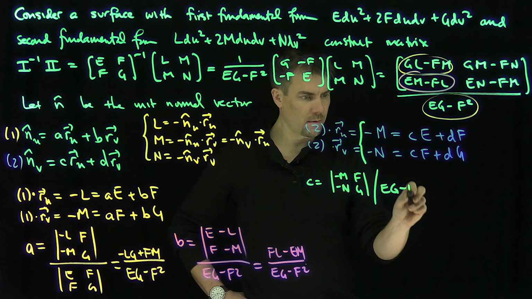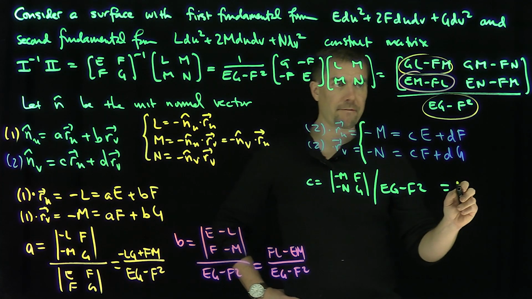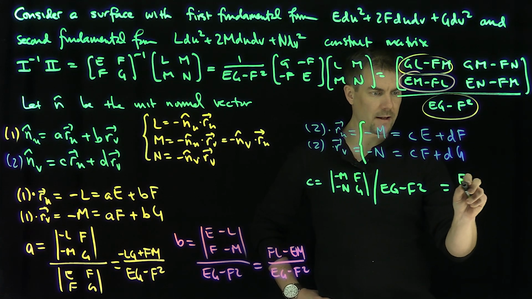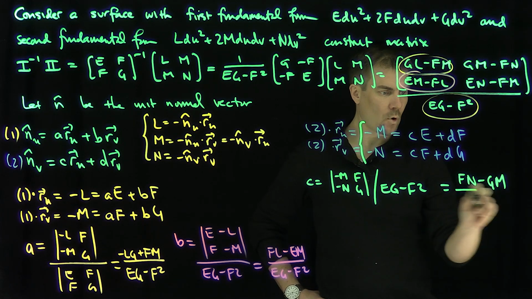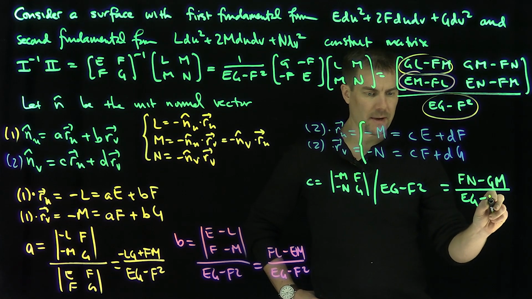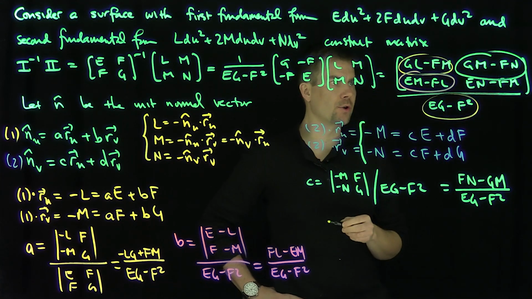Beautiful. And what will this simplify to? This is going to simplify to FN minus GM over EG minus F squared. Lo and behold, that is the negative of this entry over here.